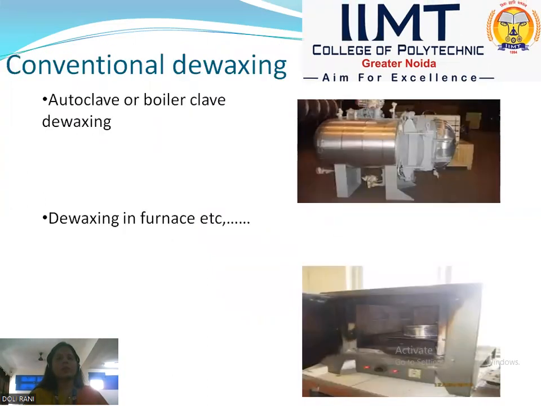In earlier days, the dewaxing was done in an autoclave or in a normal furnace, which has so many disadvantages. So now research is going on to dewax in a microwave oven, which has so many advantages compared to the conventional dewaxing process.